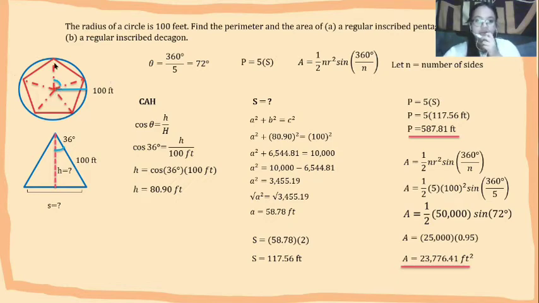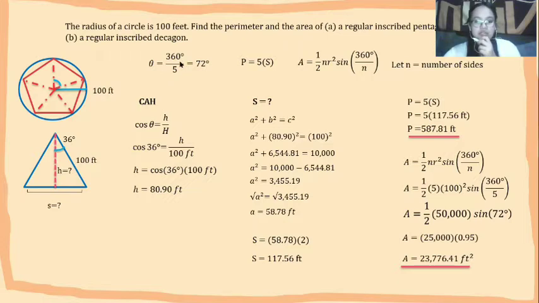Then let's connect every corner to the center, and as we can see, we have formed a triangle. To solve the perimeter and the area of an inscribed pentagon, we will use the CAH in SOHCAHTOA, cosine, which is adjacent over hypotenuse. First, theta is equal to 360 degrees over 5.